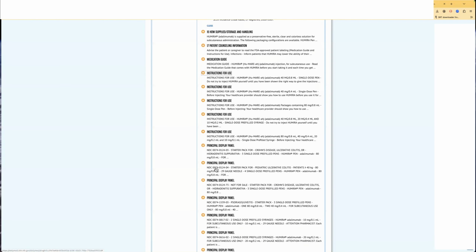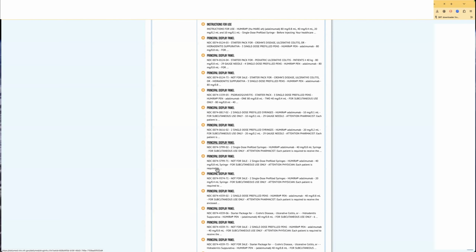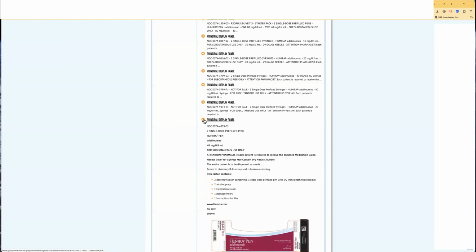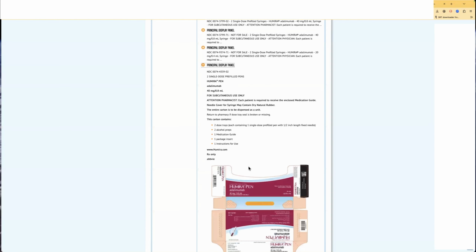As you see, we have instructions for use for each type of the formulation, as I already explained. So when we go down, we see, for example, the principal display panel. Again, this is for each dose. So here, for example, this is what we have. And again, don't forget, this information has been already presented, of course, to FDA through the new drug application submission.